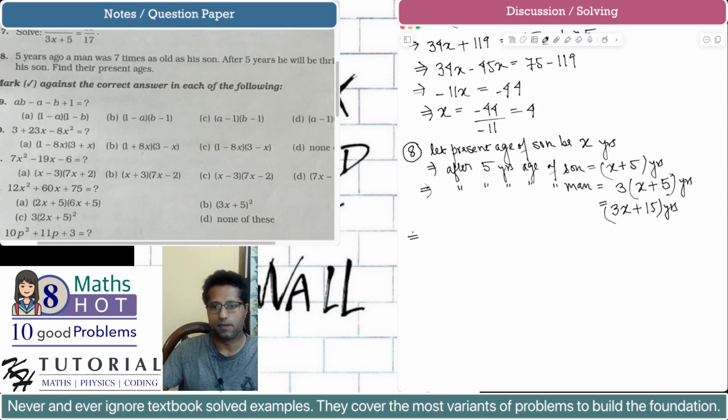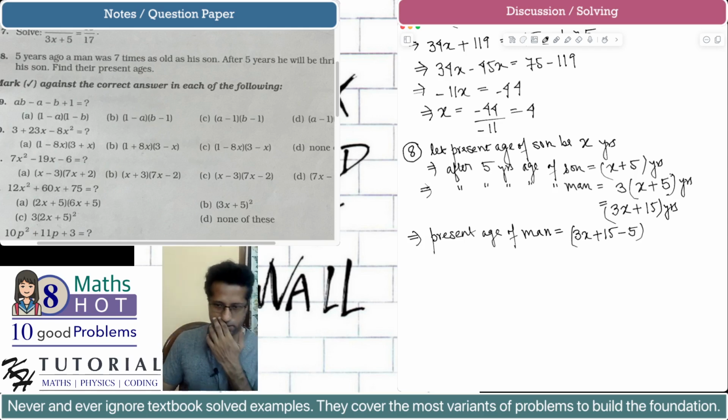So this implies that the present age of the man will be equal to 3x plus 15 minus 5, because 3x plus 15 was the age of the man after 5 years. This is equal to 3x plus 10. So we got the present age of the son and the man. The son we have assumed to be x, and we have found the present age of the man to be 3x plus 10.